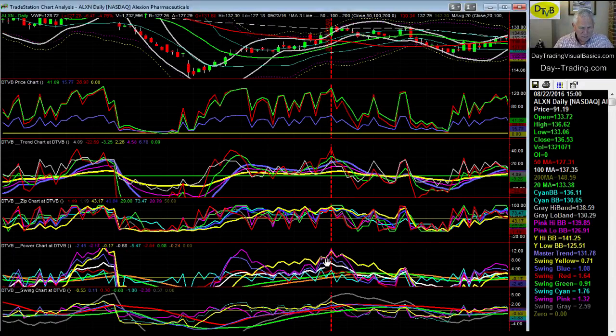For example, down here in the power chart, power yellow is not a bottle nose. A bottle nose has 3 lines in the same direction. This is a notch down and then a notch up, and it is a bottom of cycle higher pattern.